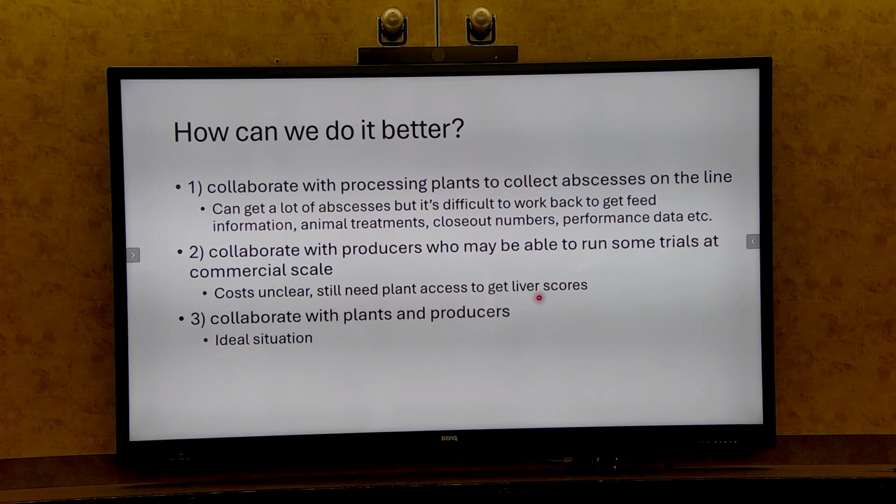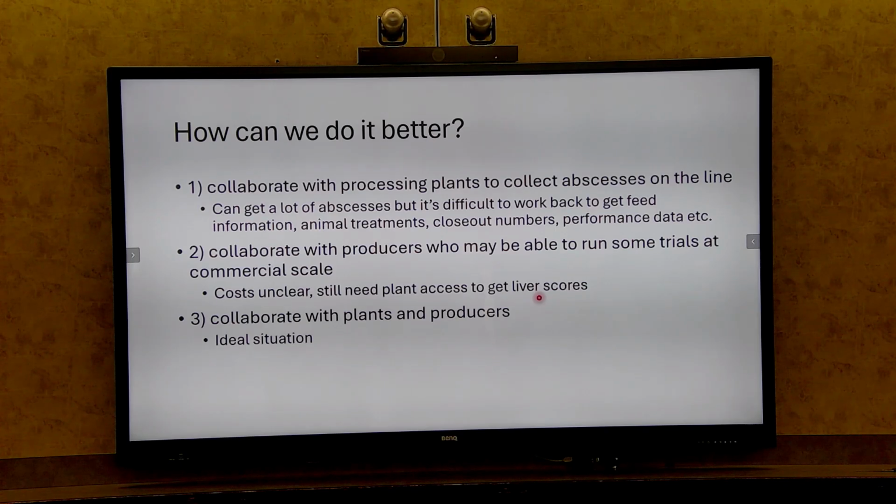So how do we do this better? We need to get more samples, we need to get more animals. So it's fairly easy to collaborate with Cargill or JBS to get lots of livers and lots of abscesses.